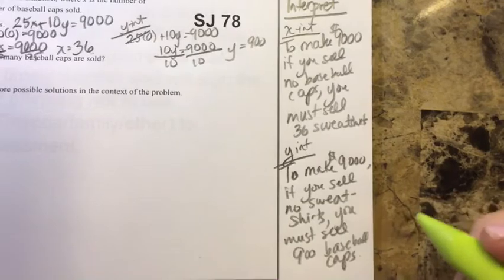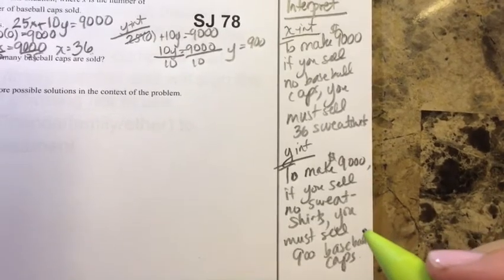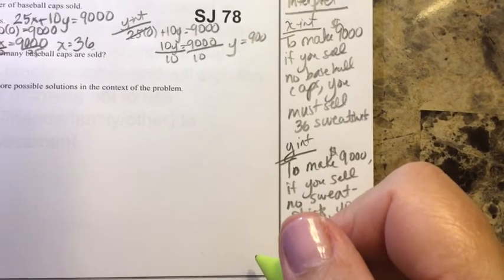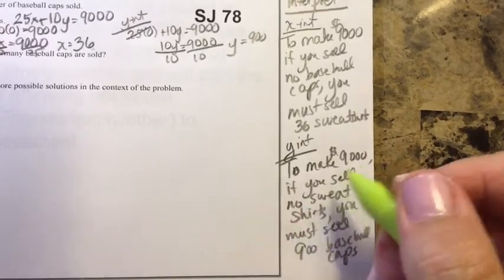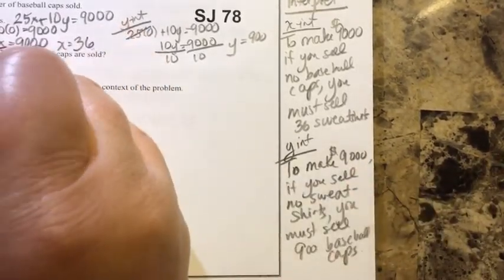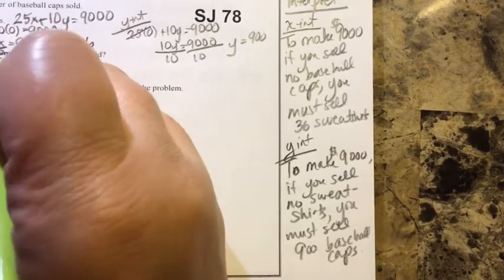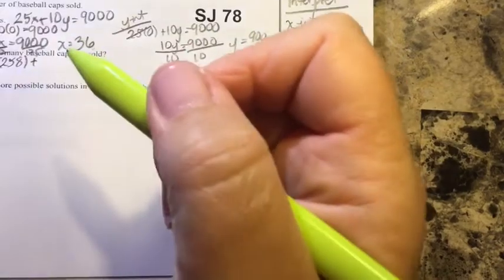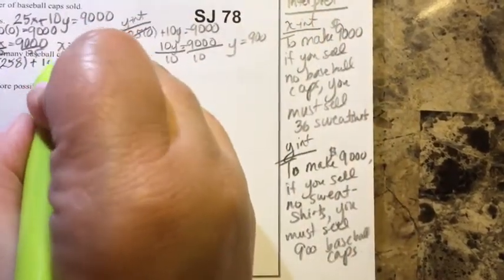Okay, let's see. It says if 258 sweatshirts are sold, how many baseball caps are sold? Then you would substitute 258 in for x.